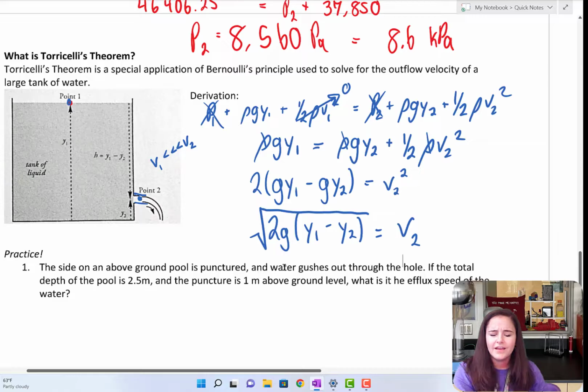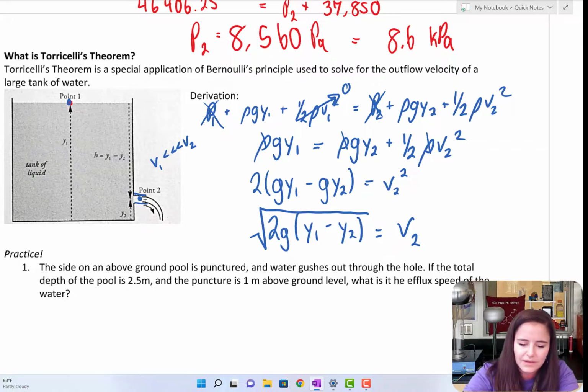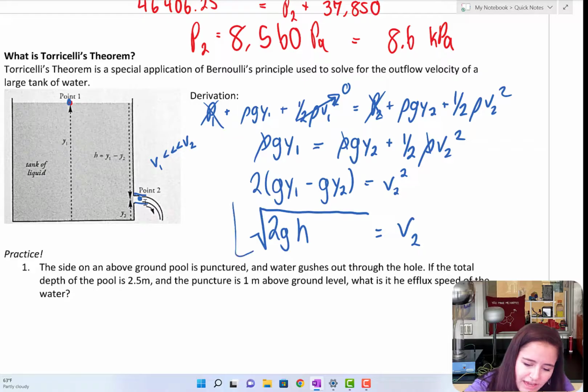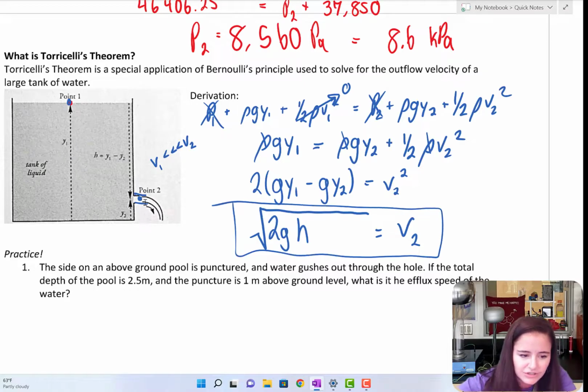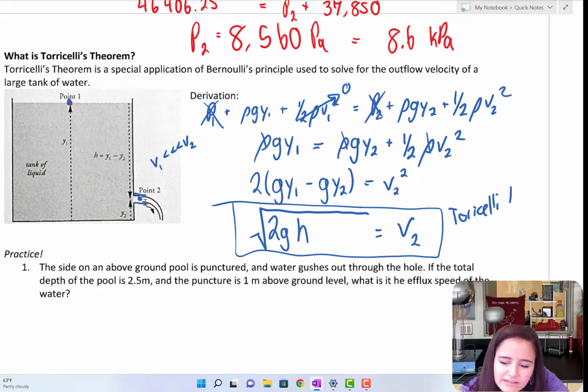Now, if y1 is height 1 and y2 is height 2, then the depth, which we use an h for, is just y1 minus y2. So we can rewrite that as the square root of 2gh equals v2. Now this is Torricelli's theorem.